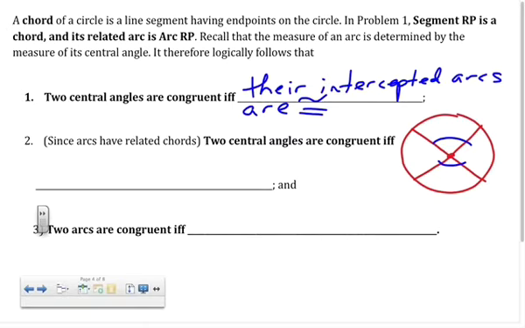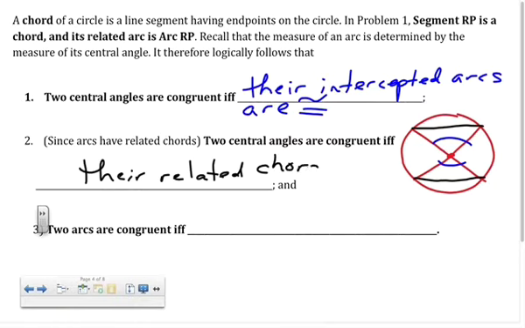One of the things that we'll talk about is that a chord has a related arc. So this chord and this chord would also have to be congruent. So two central angles are congruent if and only if their related chords are congruent.